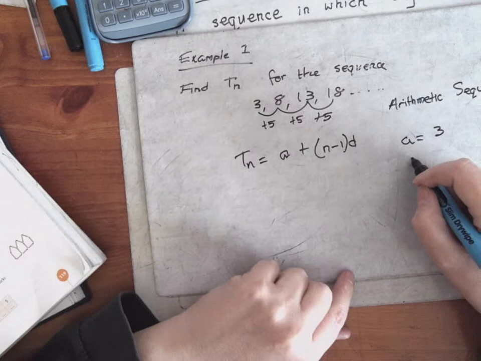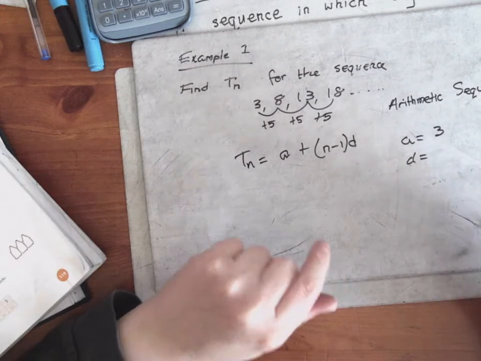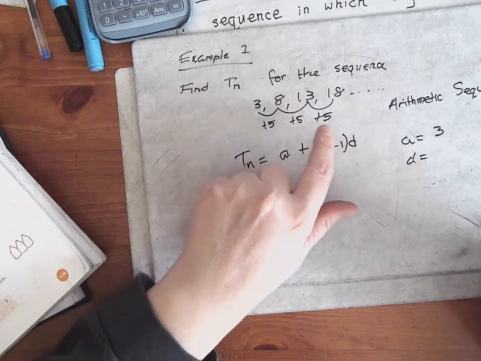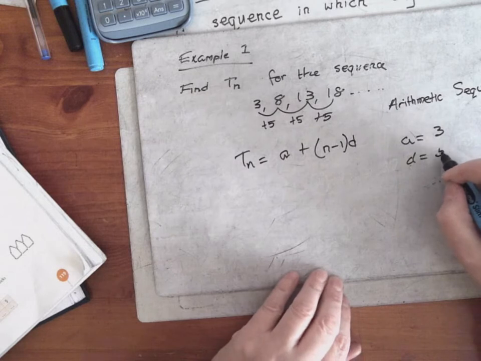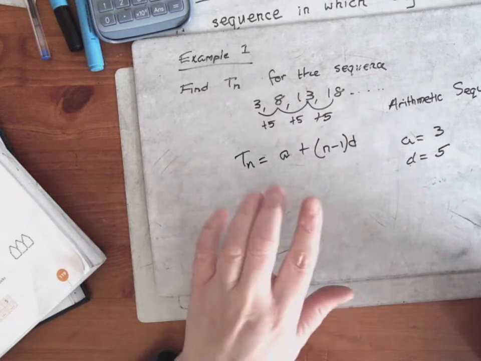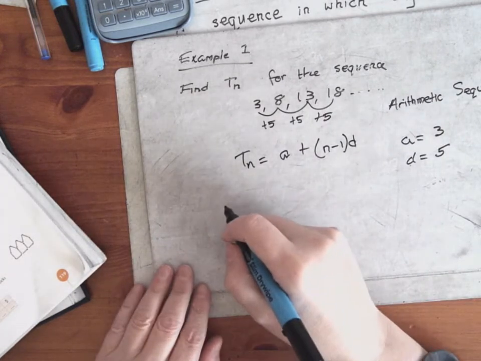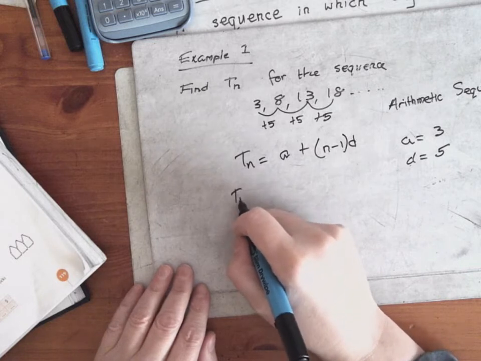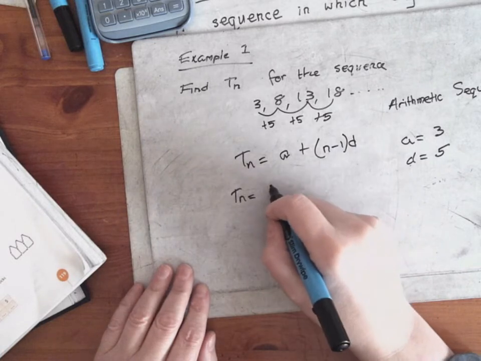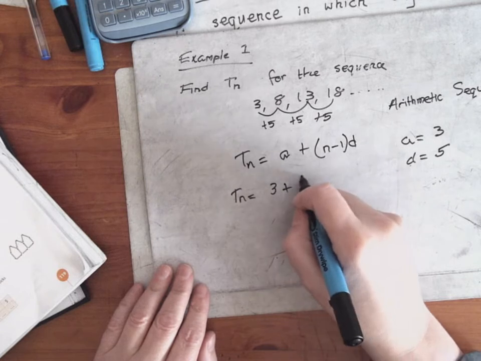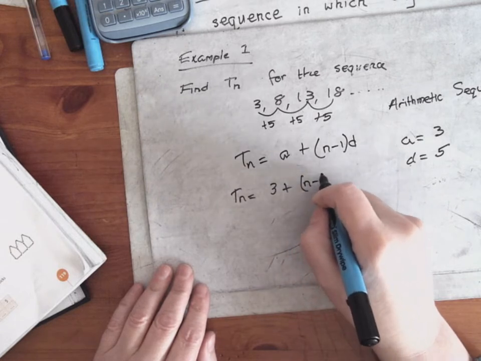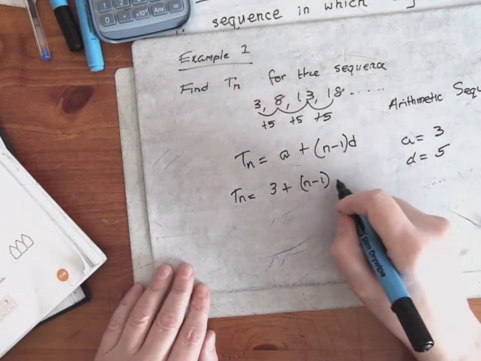And d is the common difference. It's what you're adding on each time. So d is 5. Is that okay? So you fill in for everything except n. So Tn is equal to a, which is 3, plus n minus 1 times d, which is 5.